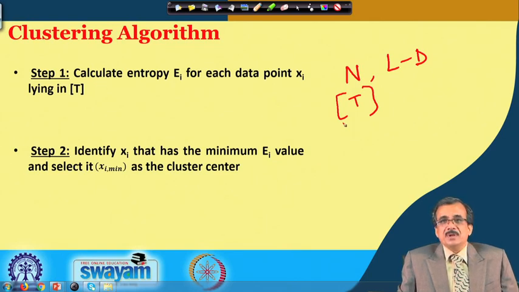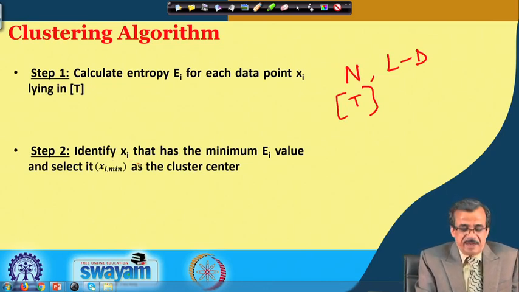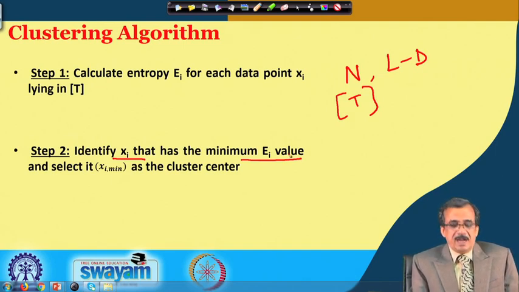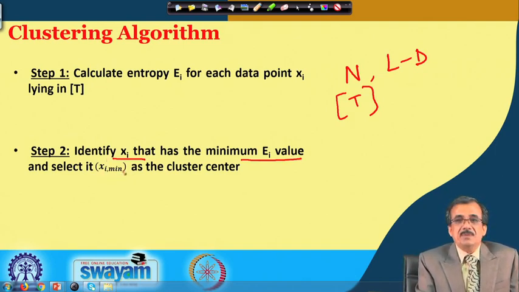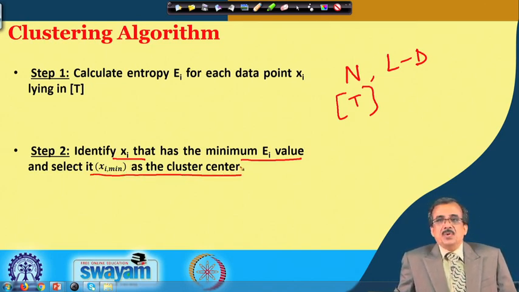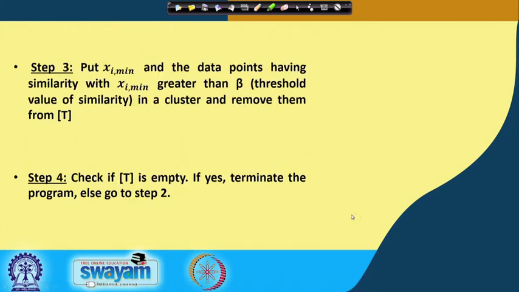Once you have the entropy for all the data points, we are in a position to identify the data point having the minimum value of entropy. So, step 2: we identify x_i that has the minimum entropy value, mark it as x_i minimum, and declare it as the cluster center, the one having the minimum value of entropy.